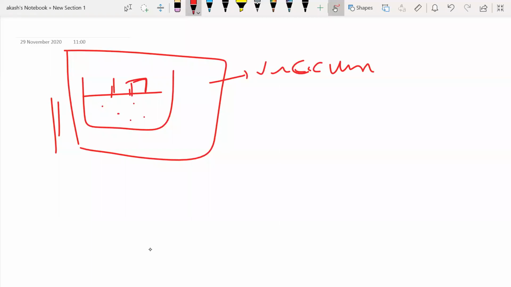Now what I do is I remove the 10 kg mass. Now tell me, what is the work done here? What is the value of the work done here?